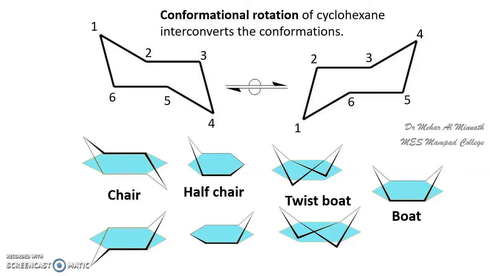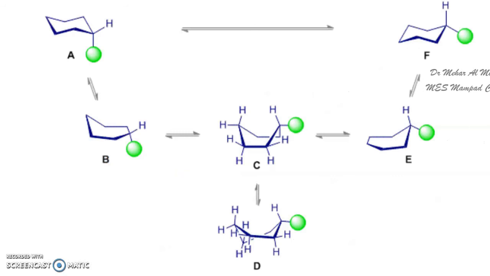Now we'll see one more picture for more clarification. Here you can see I have marked this axial bond over here. Now this is one chair conformation wherein you have an axial bond and an equatorial bond. Now it's passing through the various conformations for flipping: the half chair, the twist boat, the boat, again half chair, and now here you see what's happened.